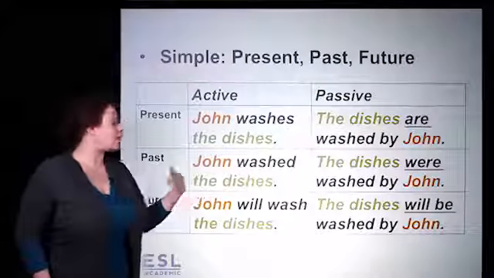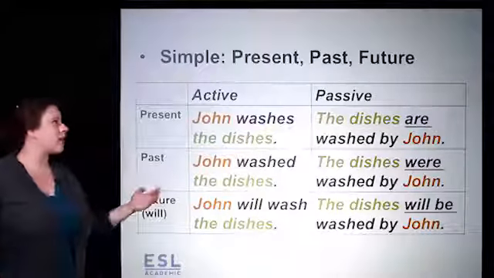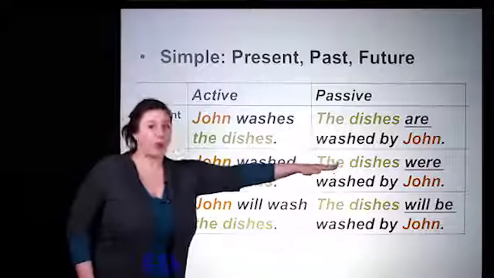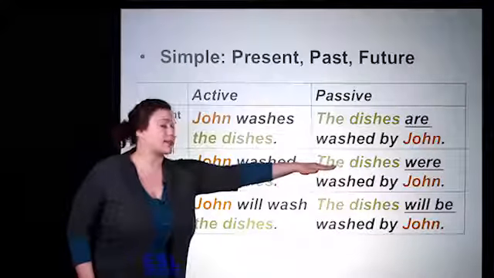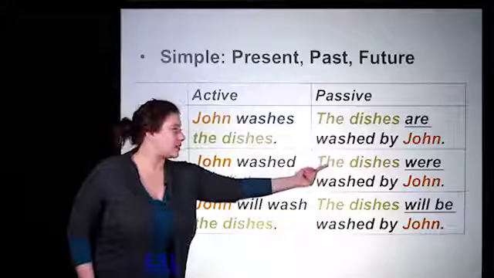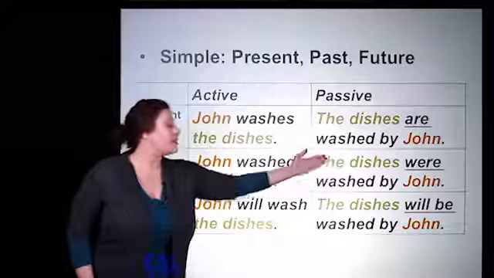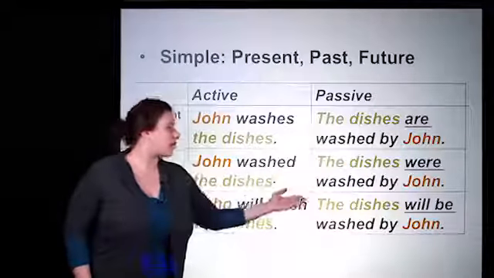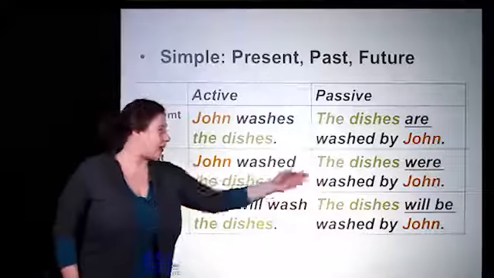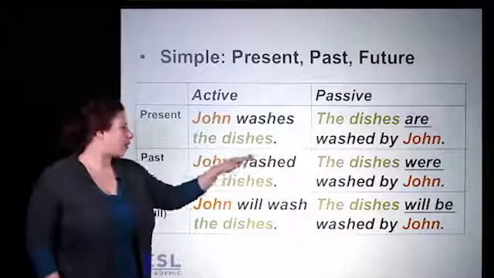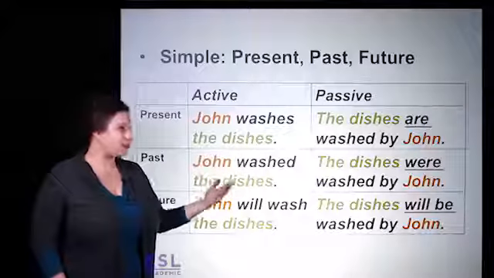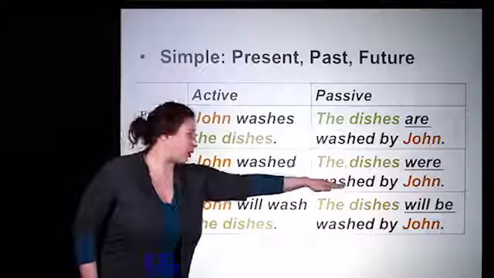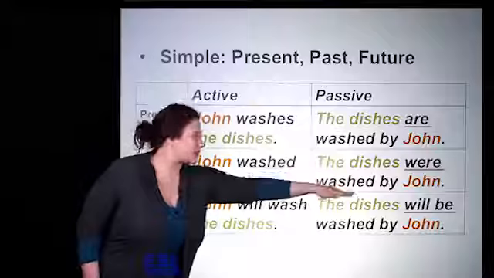Then, in order to make it past tense, we have to change the helper verb be into the past tense with the dishes. So we get the dishes were washed by John. Again, subject, verb, object becomes object, verb with a helper verb, subject.